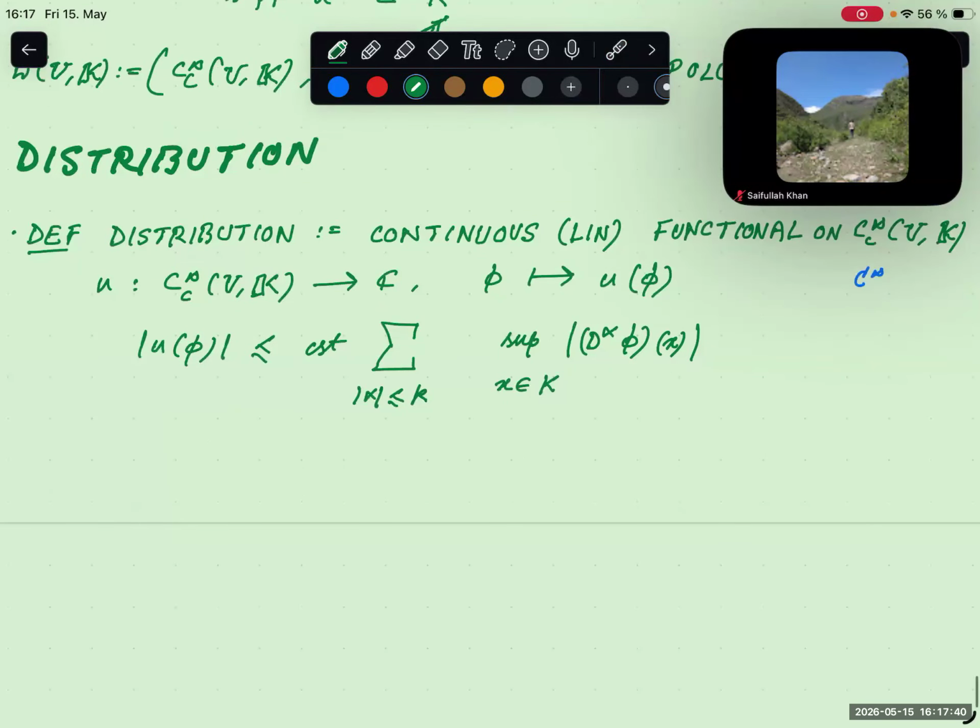And then there is a notation. Compactly supported, this is the prime.